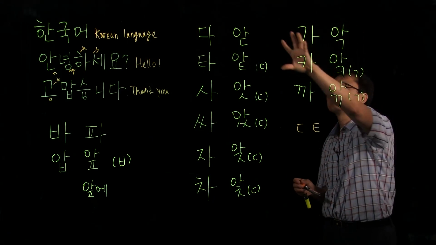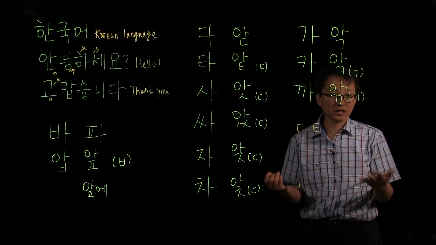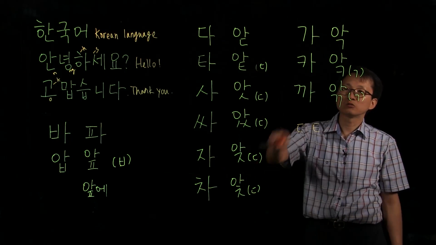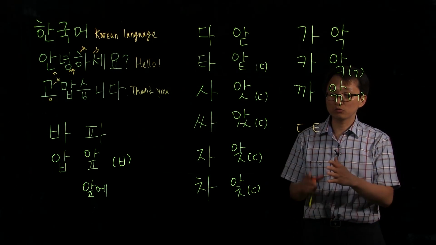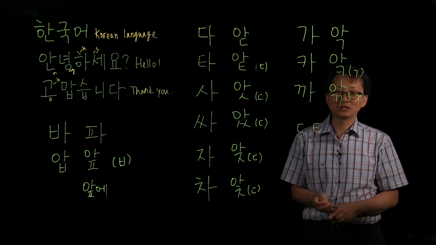You will see them in actual sentences. So just remember there is a certain rule, and I will remind you of those rules as you read the textbook in the lessons.